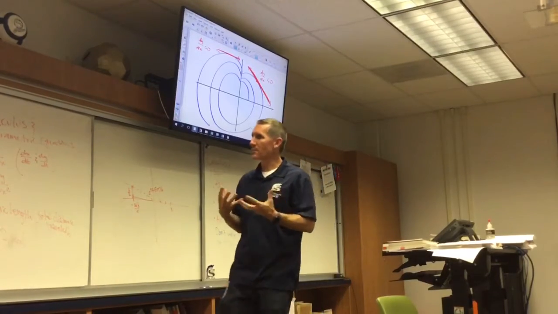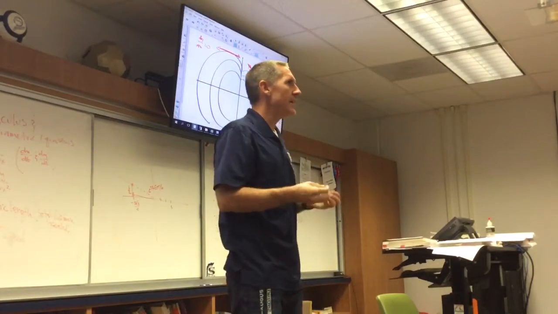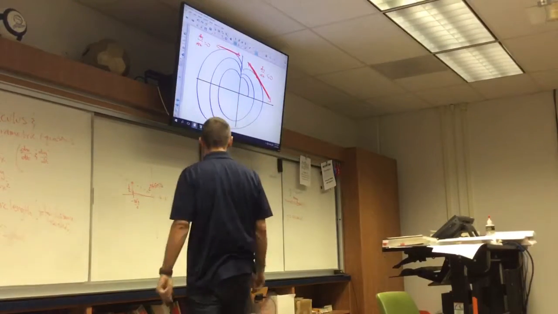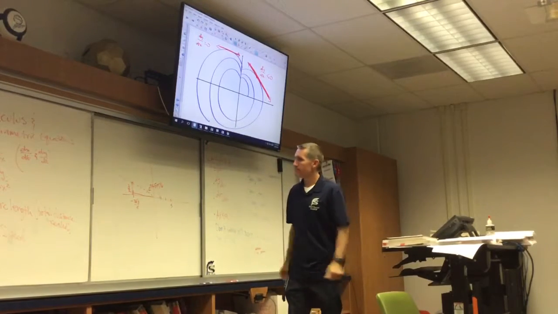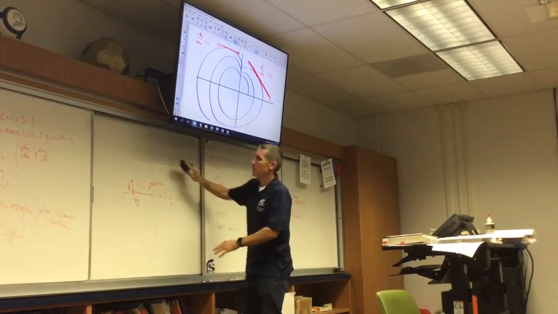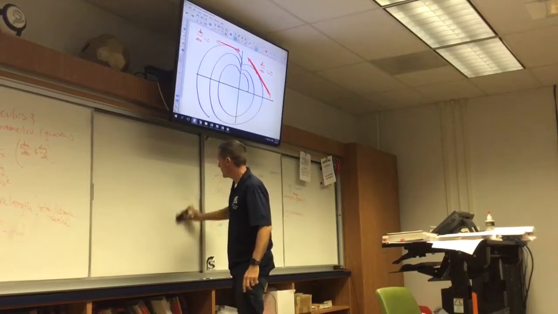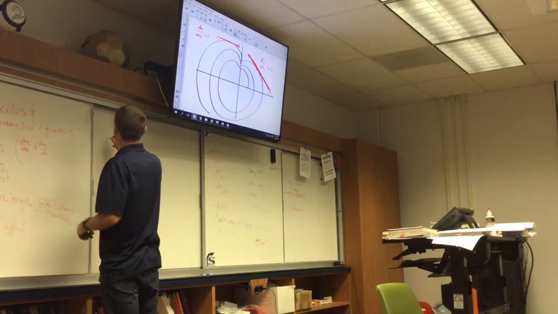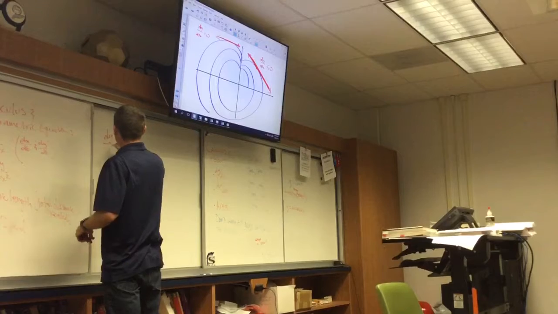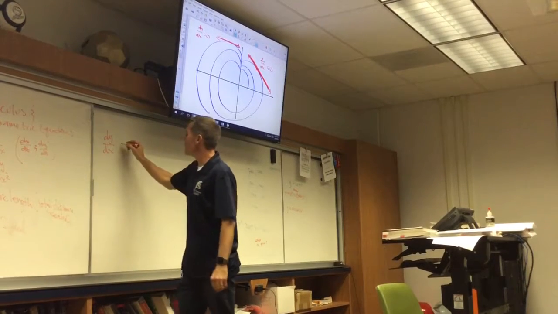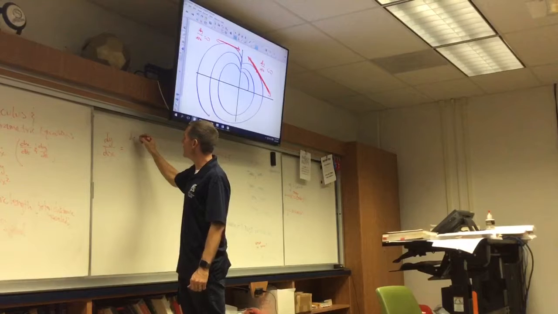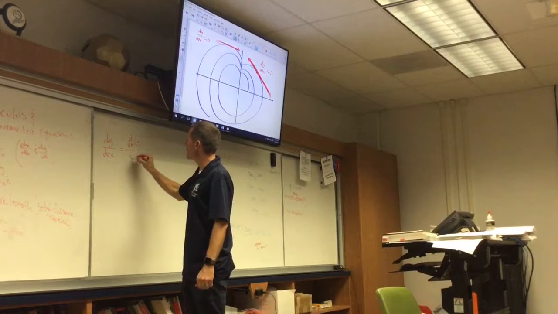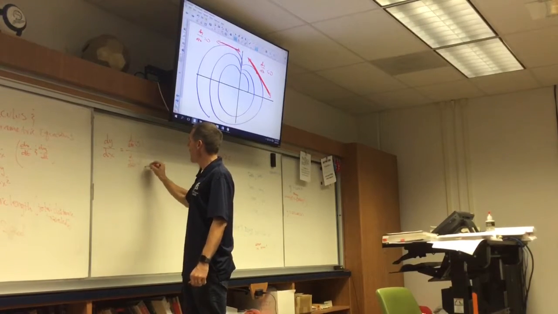So now we need a way to represent dy dx if something is given to us in r's and thetas. Okay, so here we go. We start with dy dx, but then we say, well, hold on a second, isn't this the same as d theta of y over d theta of x?